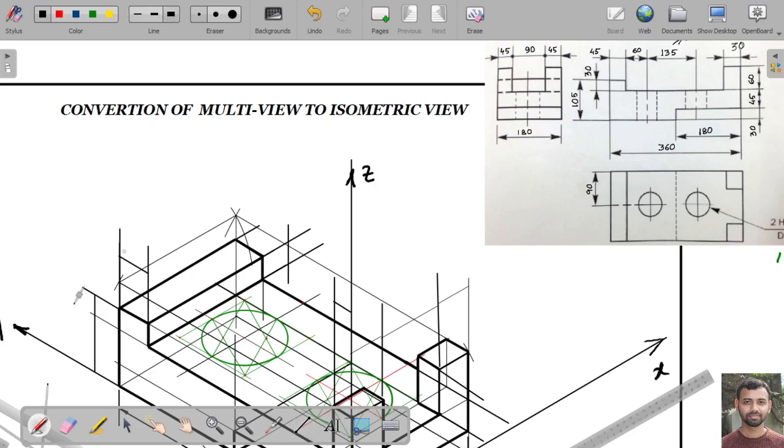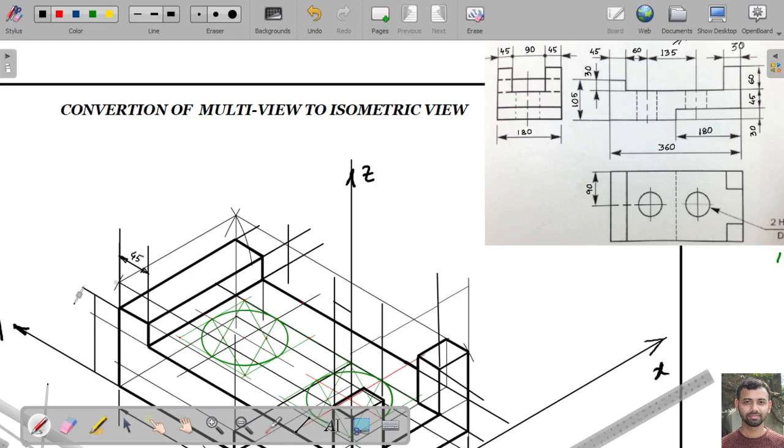So this dimension is given as 45 mm, this thickness. So it is given as 45 mm. So from this point to this point, it is given as 45.